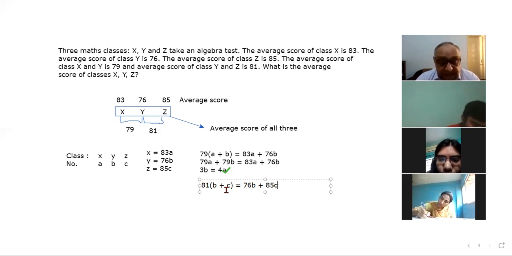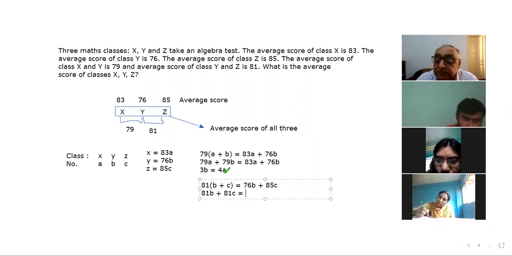So now the point is that 81B plus 81C is equal to, we can say, 81A plus 81B plus 81C, that is equal to 76B plus 85C.